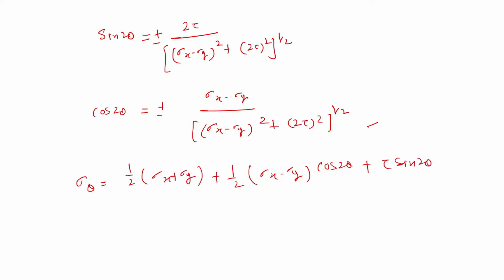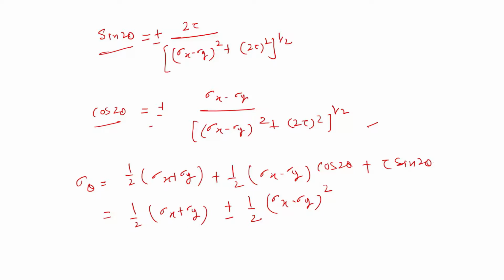If we put in the values of cos 2 theta and sin 2 theta, this will be 1 by 2 sigma x plus sigma y plus minus 1 by 2 sigma x minus sigma y whole square, because this is the expression for cos 2 theta.